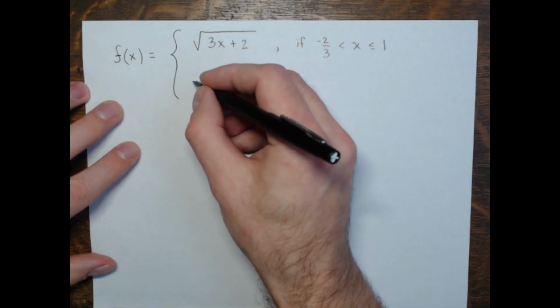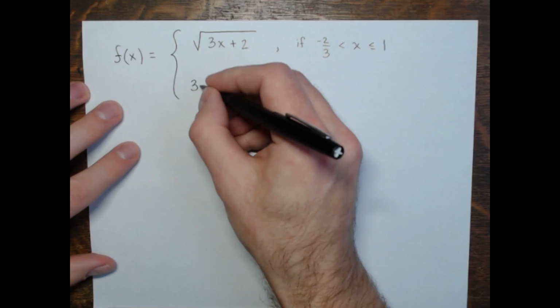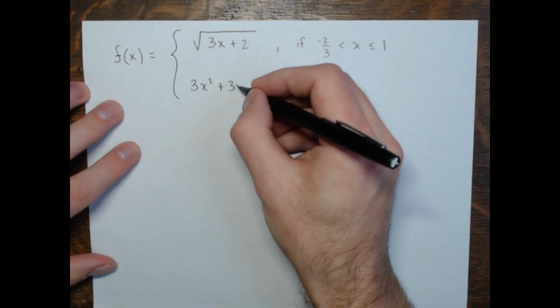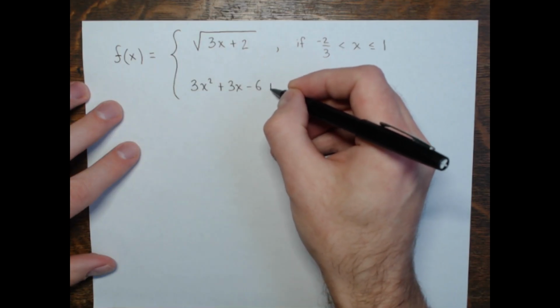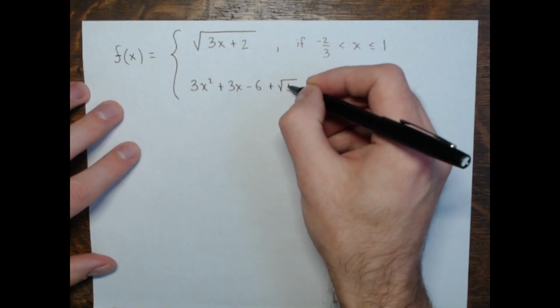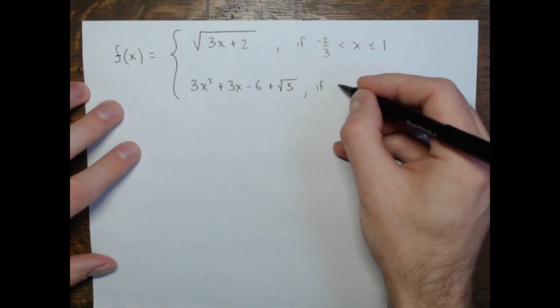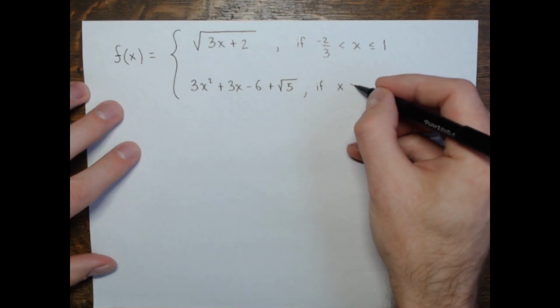And then the other piece, f of x, the output is 3x squared plus 3x minus 6, plus the square root of 5, but only if x is greater than 1.